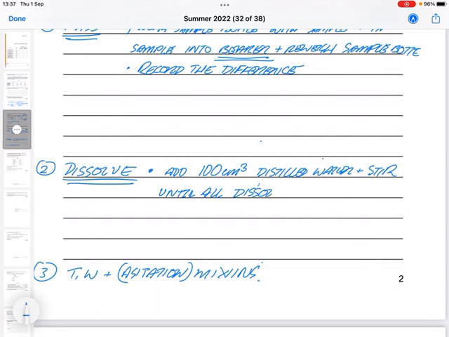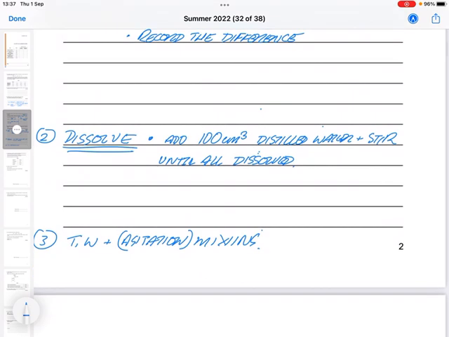Okay, and then the third and final one here. So this is now getting it from the beaker, and I'll start this one up here, to the volumetric flask. So transfer to volumetric flask. And again, remember, as you tip it in, there's going to be a bit of solution left over.